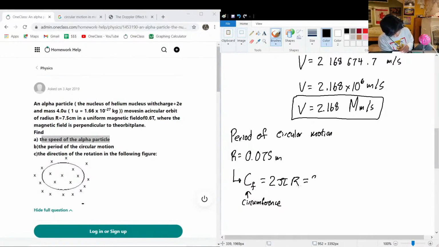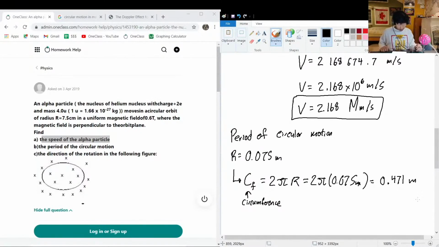So we have 2 pi times 0.075 meters, and we get 0.471 meters. So 47 centimeters circumference. Seems reasonable.